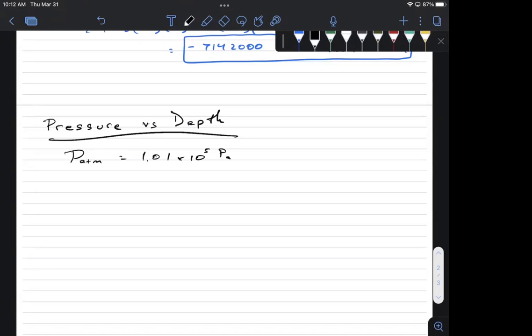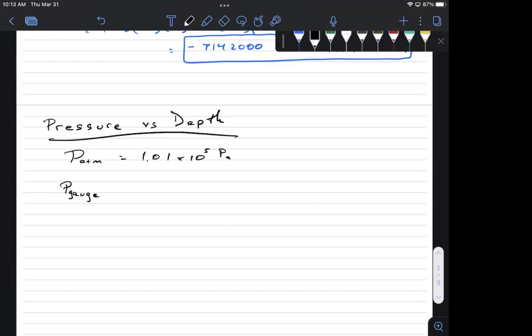And so this means that usually what's important is not the total pressure that an object feels, but rather how much extra pressure does it feel more than atmospheric. So this is what's called gauge pressure.